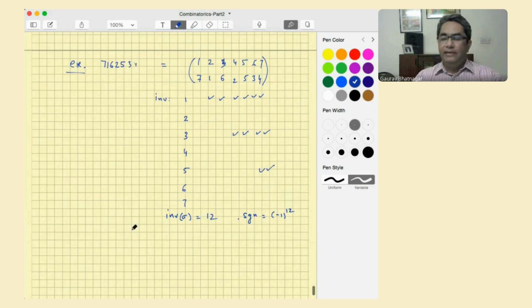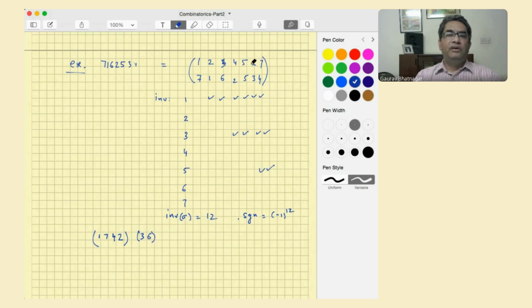Now let's write it down as disjoint cycles. You can write it as 1 goes to 7, 7 goes to 4, 4 goes to 2, 2 goes to 1. Then the first guy who's not covered here is 3. So 3 goes to 6, 6 goes to 3, that's over.